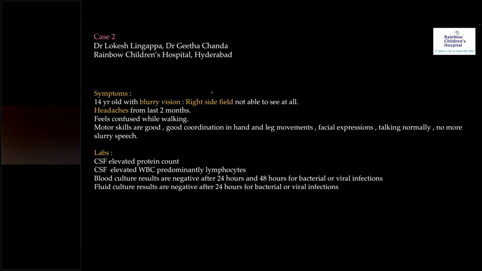How did we shift from optic neuritis to autoimmune encephalitis? The blurred vision was secondary to a field defect, and the fundi looked normal or not? The fundi were normal. There was no optic neuritis component, ma'am. Okay, so the blurred vision was only because of the field defect, which was thought to be because of the cortical involvement. Yes, there were only field defects.